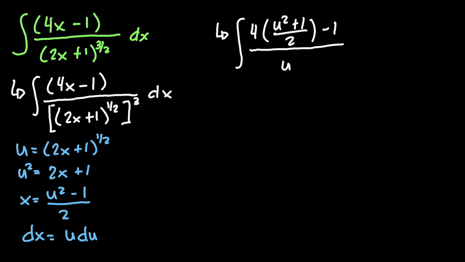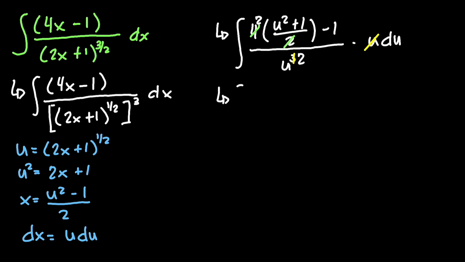And don't forget, it is raised to the power of 3, so it would become u cubed. And let us multiply this by the value of dx here, which is u du. Simplifying this, u here will cancel, so it would become only u squared now. And 4 divided by 2 would be simply 2.